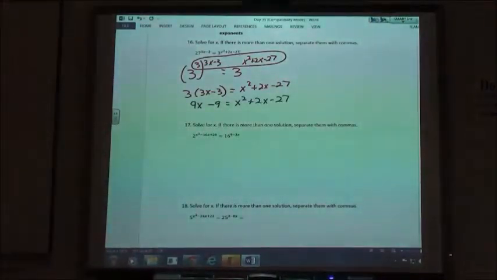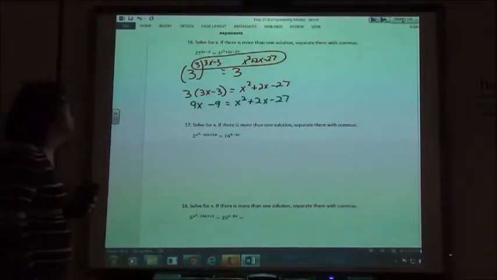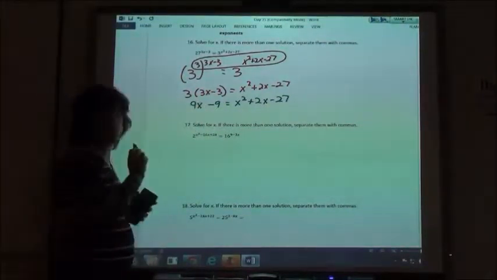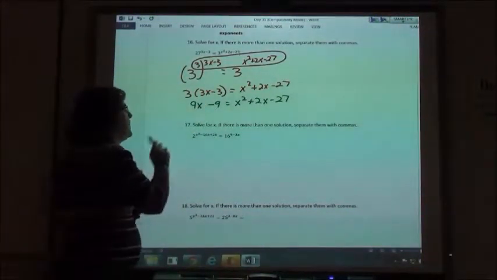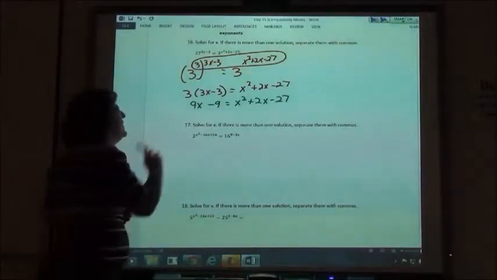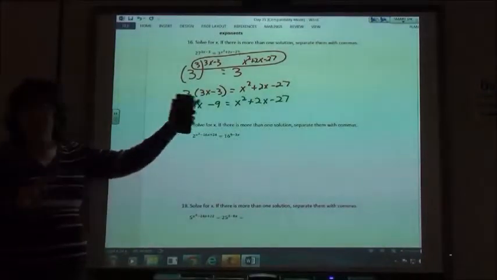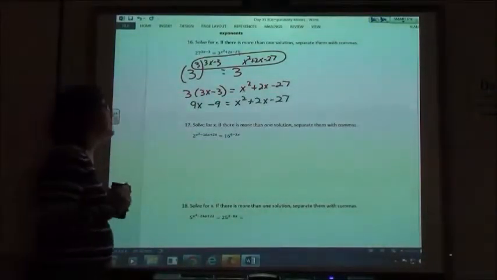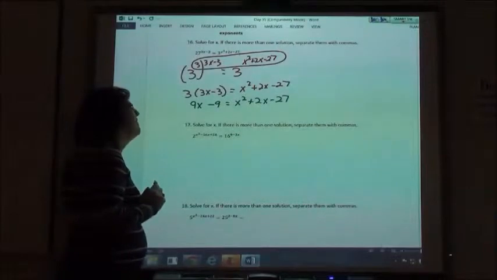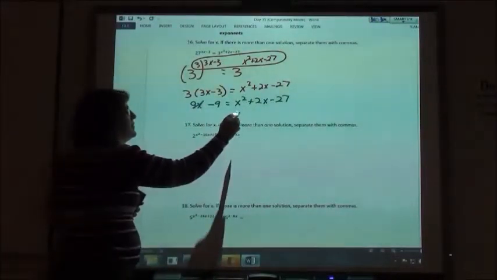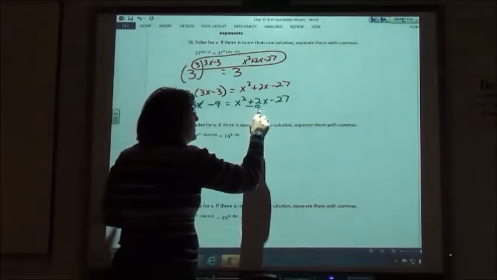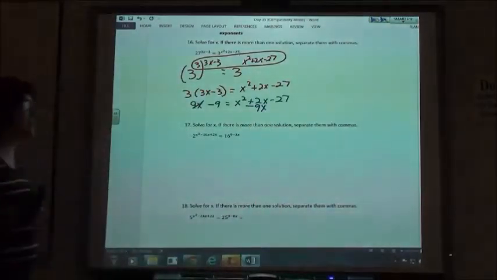Now this one has a squared in it, so we have to set it equal to 0. So what do we have to do with our 9x and our minus 9? You have to move them. How do I move the 9x? I'm going to make that a minus 9x, right?